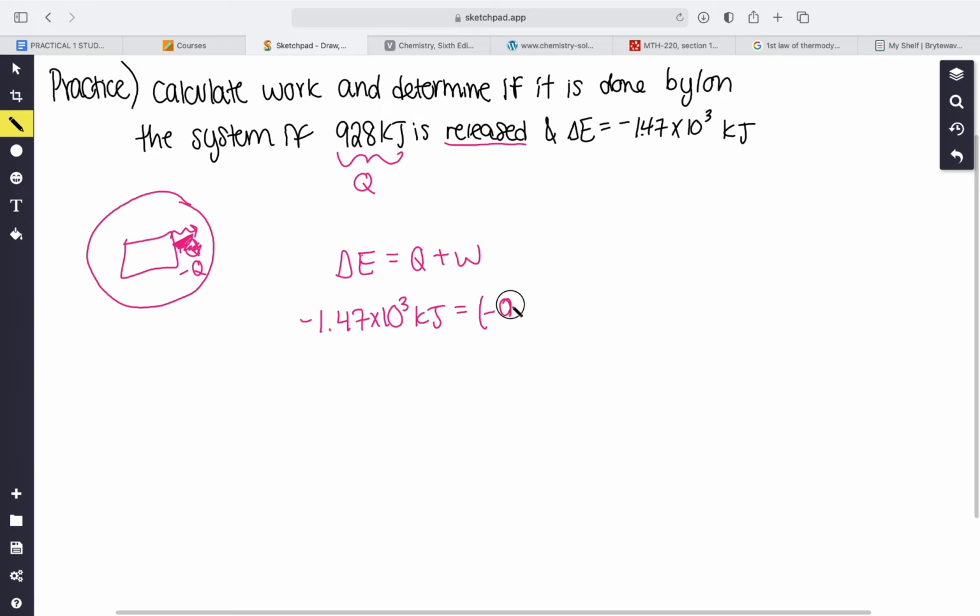So we have negative 928 kilojoules plus the work. And again, we're just going to have to add this over. Kilojoules plus 928 kilojoules. All right, do that on my calculator.